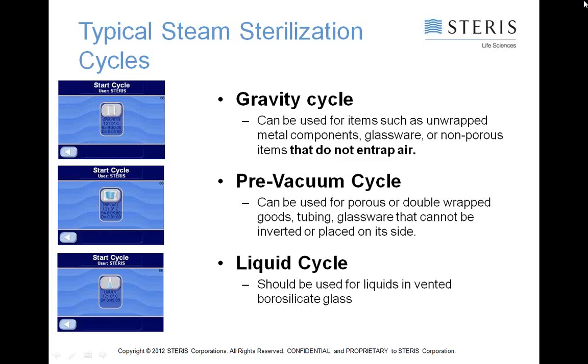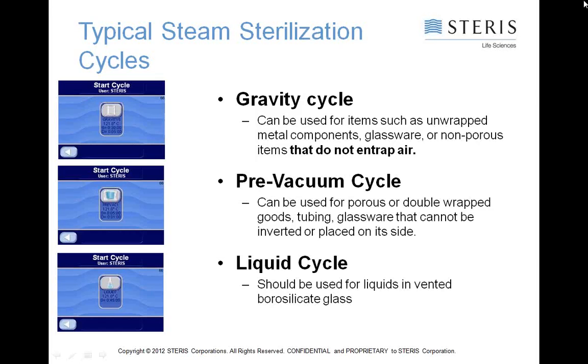Looking at the simple pyramid below, you can see the three levels of products that are used to indicate sterility assurance. As you move up the graph, you increase the quantifiable level of sterility assurance. At the bottom are your normal CIs, which include your process indicators, then your chemical integrators, which include your class 5 and 6 CIs.